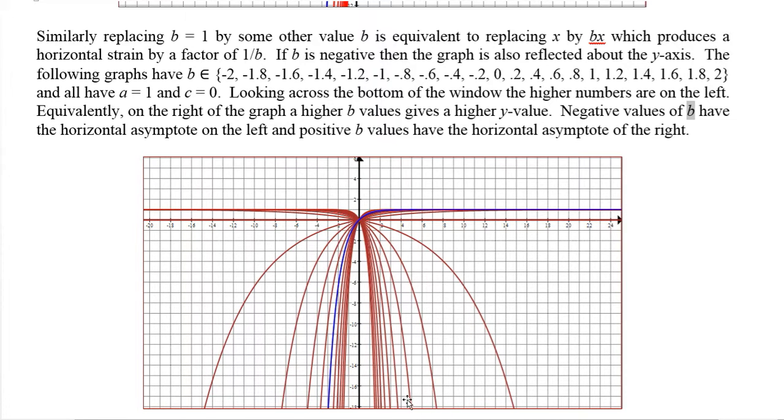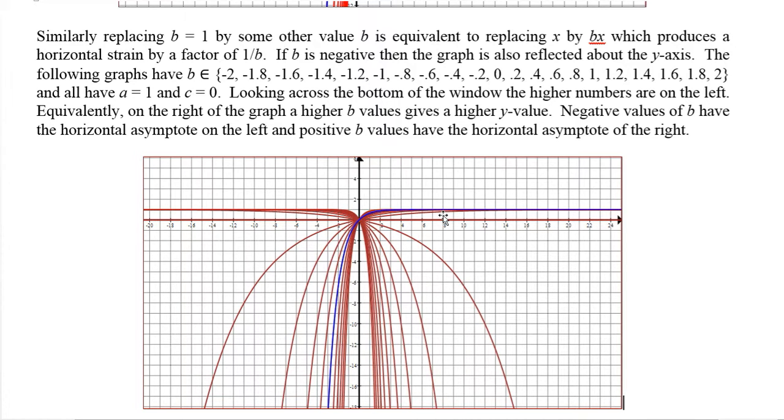So in fact, here are the different values of b that I did, and if we do those in order, we start here with this one on the right, which is -2 for b, this is -1.8, this one right here is -1.6, then -1.4, -1.2, -1, -0.8, -0.6, -0.4, -0.2, and 0, of course, is just the x-axis.